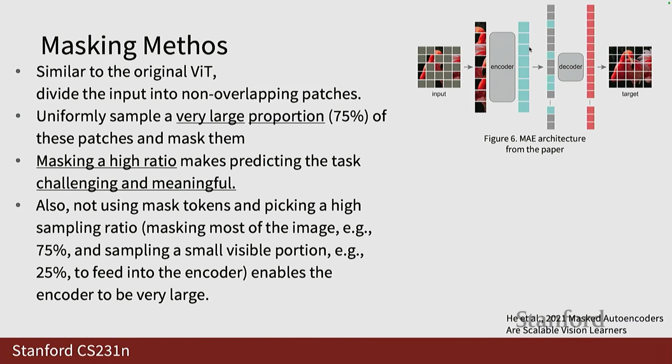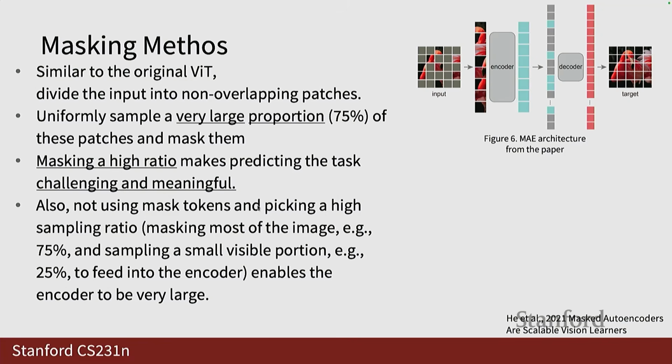The encoder here is very much similar to ViTs. All of them are based on transformers, the ViTs that we've talked about. Similar to the ViTs, the images are split into patches. The patches are then sampled. So uniform sampling is what they've done, and they've shown 75% sampling was quite efficient in the experiments.